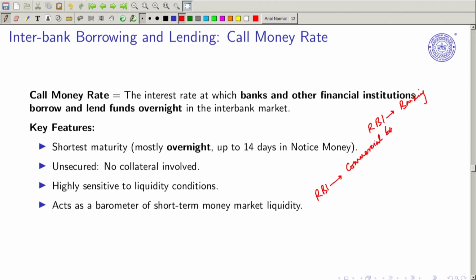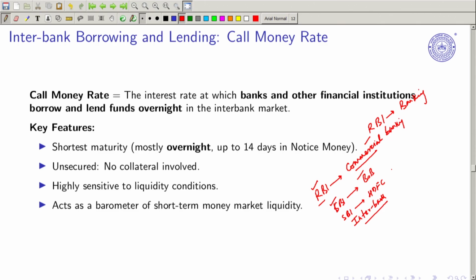Now we will be looking at banks, for example SBI and Bank of Baroda, or SBI and HDFC. Borrowing and lending of money does not happen only between the central bank and the commercial bank, it also happens between banks. So interbank means that one bank is lending to another bank and making money out of it, right?